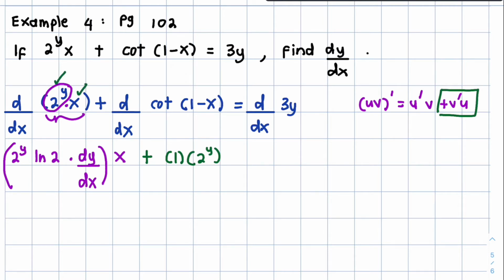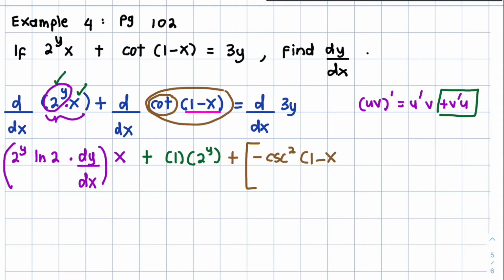Okay, then the second term. Second term has a trigo function, cotangent, and for this trigo function you're gonna have to use the chain rule because your inner function here is another function of 1 minus x, so be very careful. If you differentiate your cotangent here, you're gonna get negative cosecant square (1 minus x), your inner function.